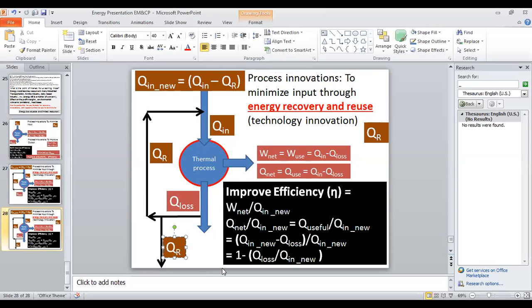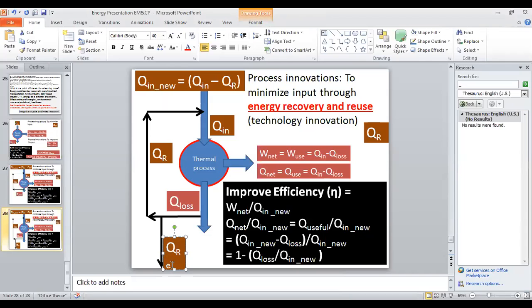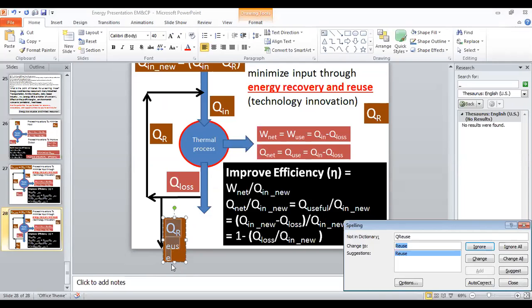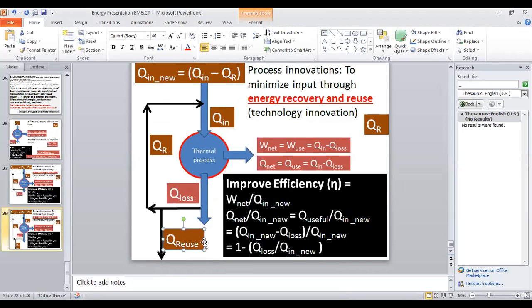Okay, I will use this as reuse. Q reuse. This is Q reuse.